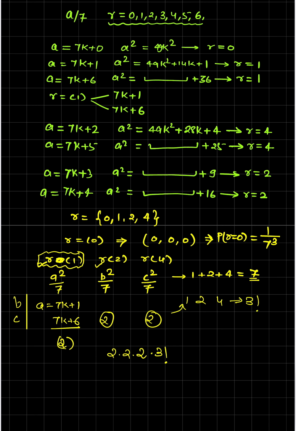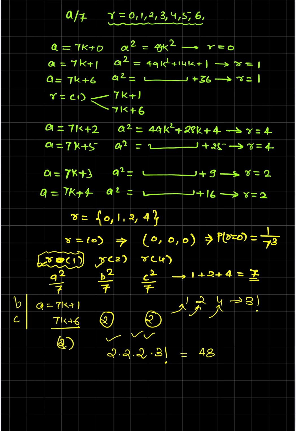And for remainder 1, there are 2 cases which are supporting. For remainder 2 also 2 cases, and for remainder 4 also 2 cases. So the total cases in this case we are getting 8 into 6, that is 48. So again, another way we are getting remainder 0 basically, because we are adding the remainders of a square plus b square plus c square individually when they are divided by 7.